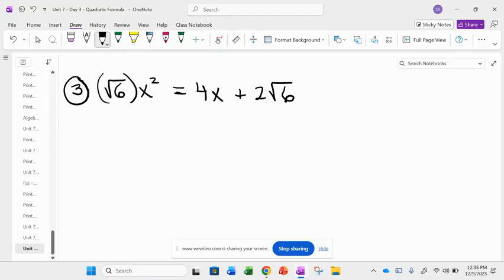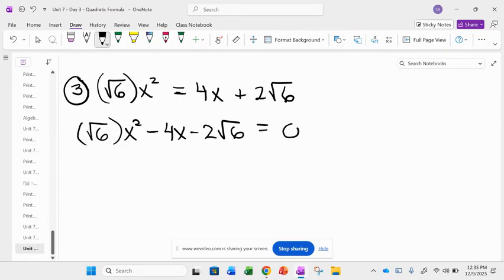Is this in a good format? No, I need to set it equal to 0. So the first thing I'm going to do is subtract over. So I have root 6 x squared minus 4x minus 2 root 6 is equal to 0.